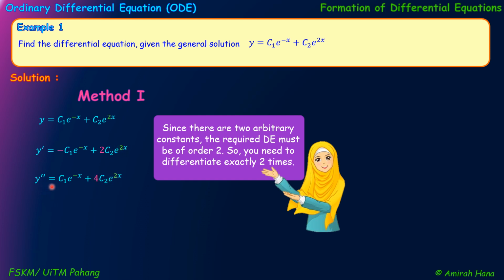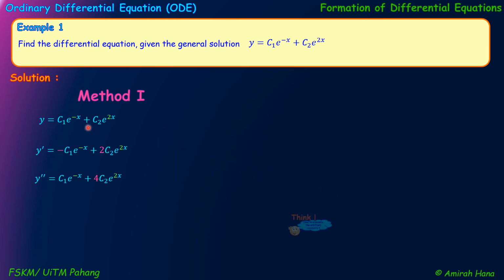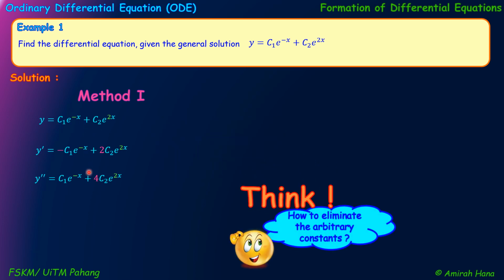So y double prime equals c1 e to the power of negative x plus 4 c2 e to the power of 2x. We differentiate 2 times because we have 2 constants here. Then we need to think how to eliminate the arbitrary constants, c1 and c2.